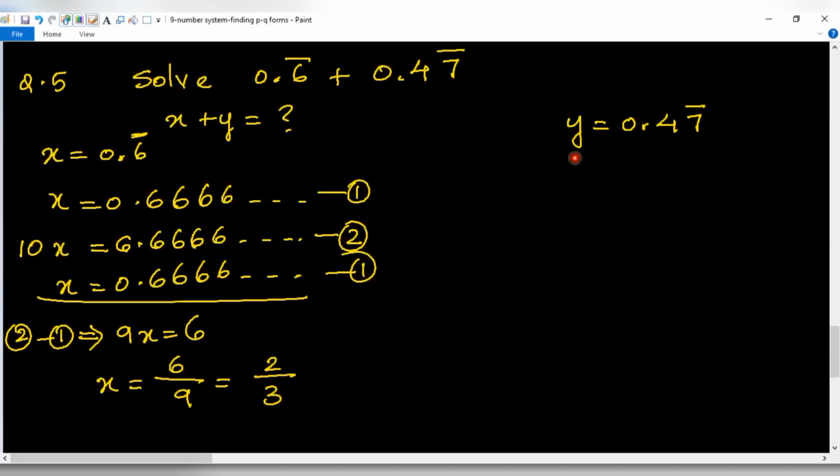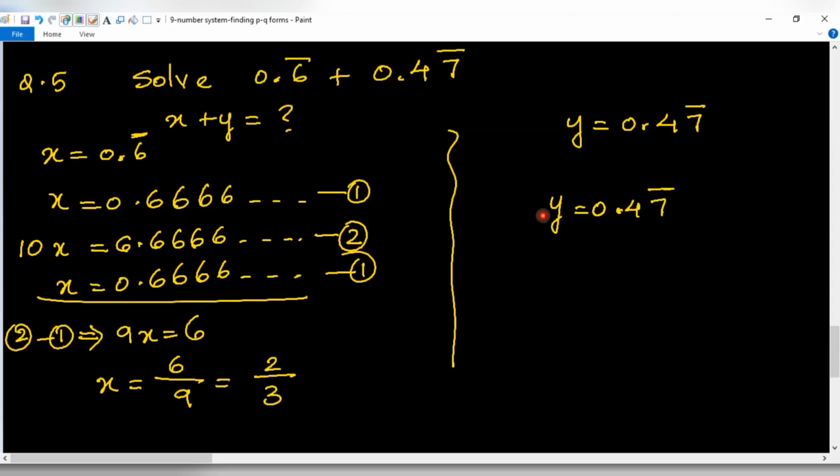Now here we have y is equal to 0.47 bar. Listen, the repetition is only for the digit 7, but 4 is already there after the decimal. So first we have to move this decimal one place towards the right, so we multiply by 10.